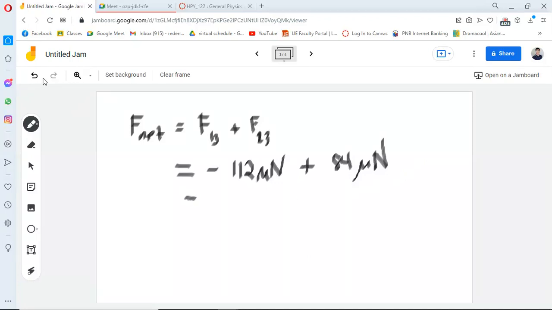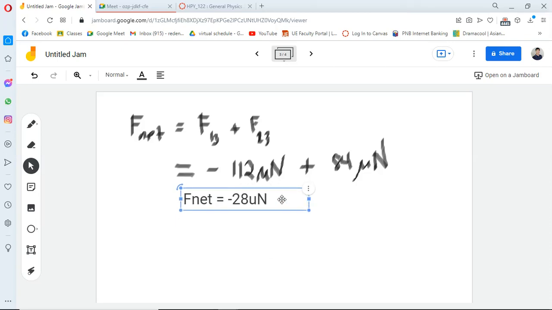The F net is equivalent to what? Negative 112 plus 84 is negative 28 micro Newton.